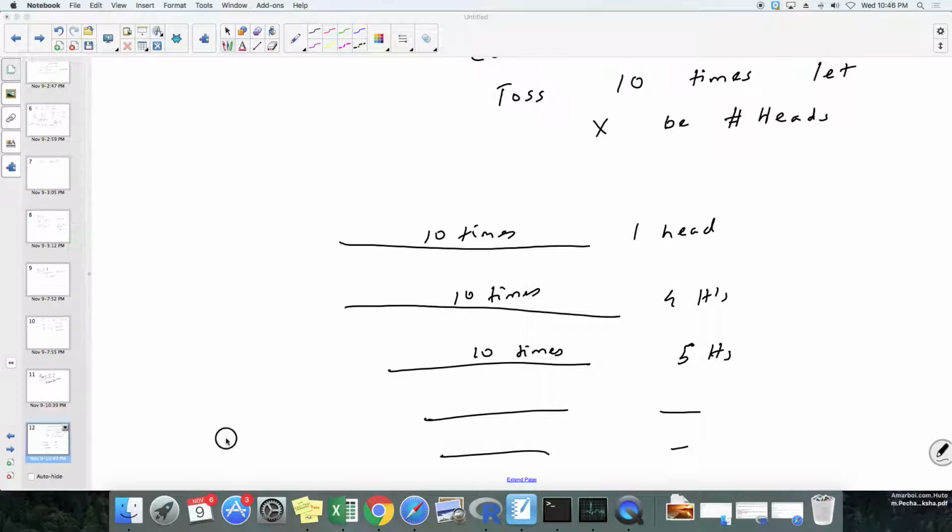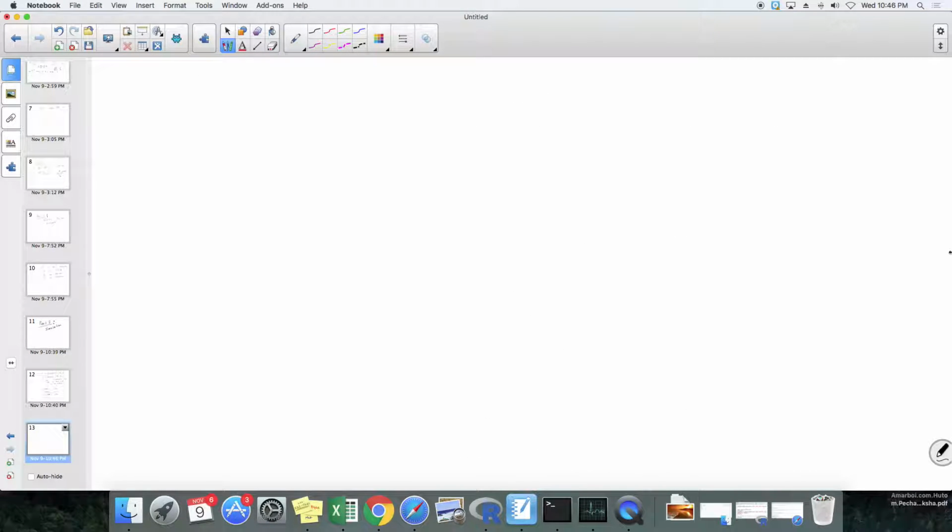In probability terms, it's like there is some distribution, some f_x. X has PMF or PDF f_x, and you are simulating n times.